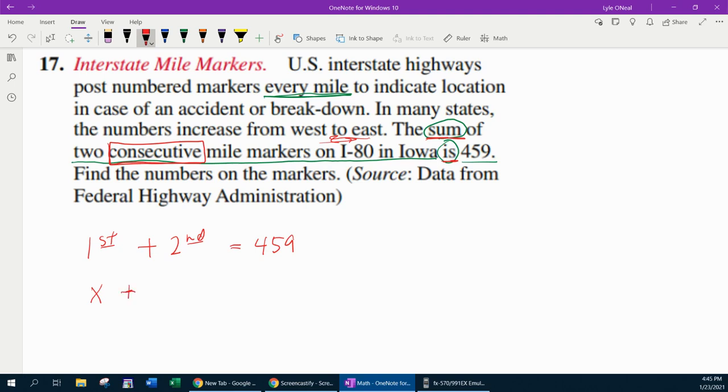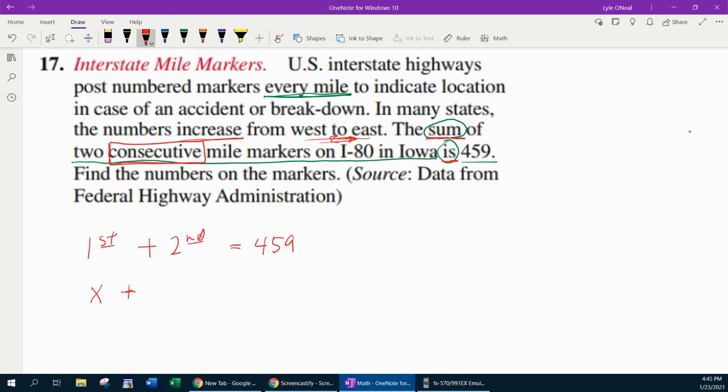So if we're going from west to east, it says that the numbers increase. So let's just assume for a second that we are going west to east and these numbers are increasing. If the mile markers are consecutive, then they should increase by 1.